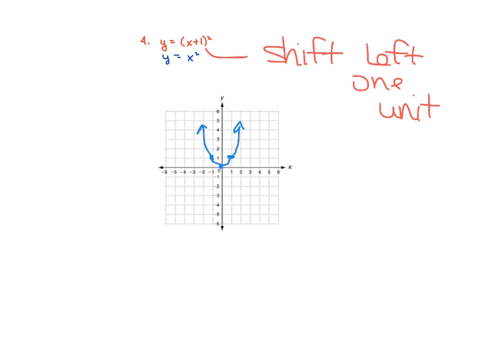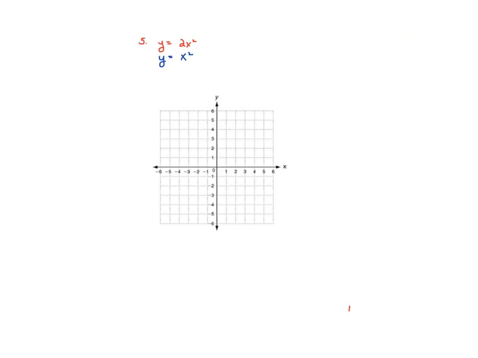And now I take each one of those 3 points and shift it over 1 time to the left, and now connect the dots. And that would be a shift 1 unit to the left. And again, if it were a +3, we'd be moving it 3 times. Good? All right, next example.